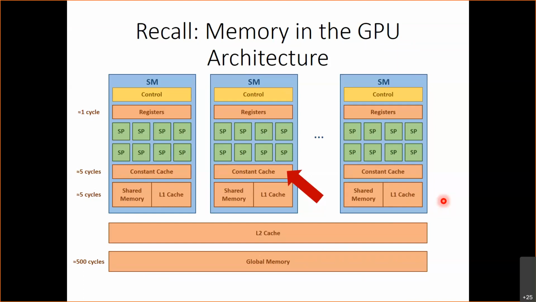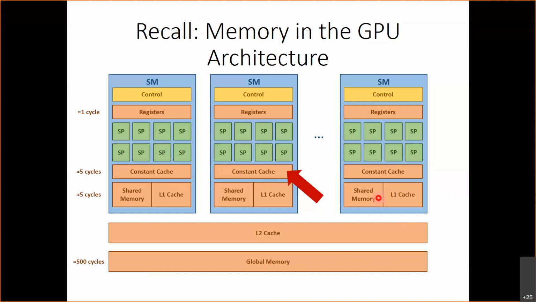You could put them in shared memory, but that means you have to do the work for that, right? Shared memory is managed by the programmer. So you have to go and load the mask and put it in shared memory and do all that stuff. But with constant memory, you don't have to do any of that. The constant cache is managed by the hardware, not by the programmer. But shared memory is managed by the programmer. Okay, I see.